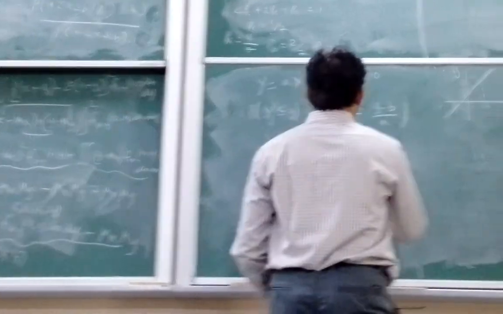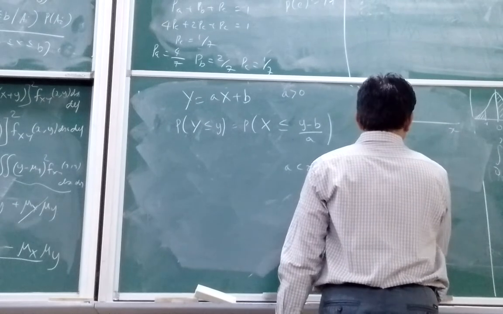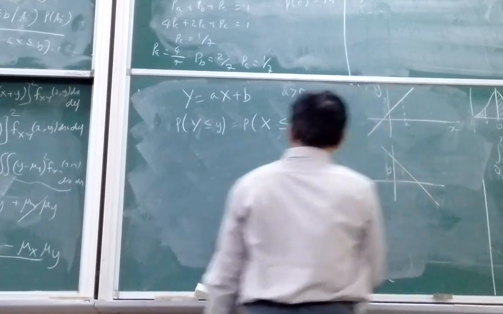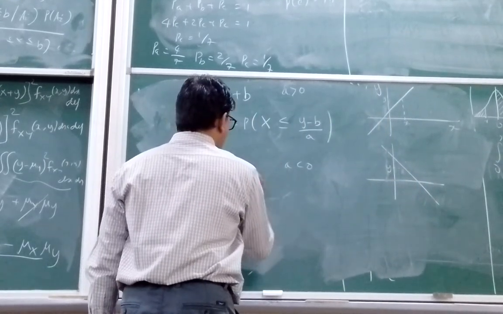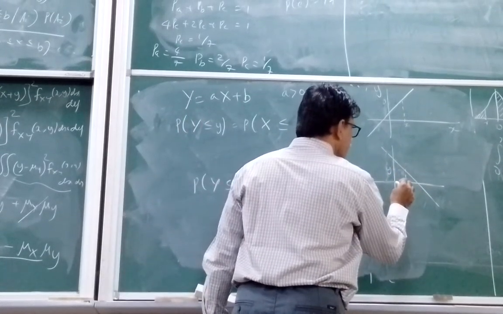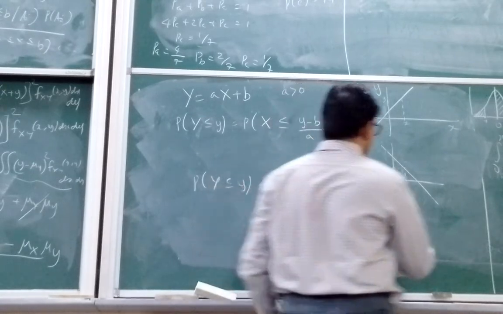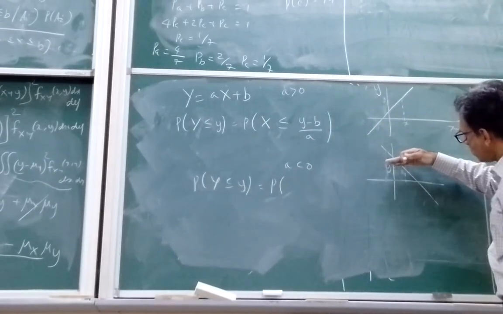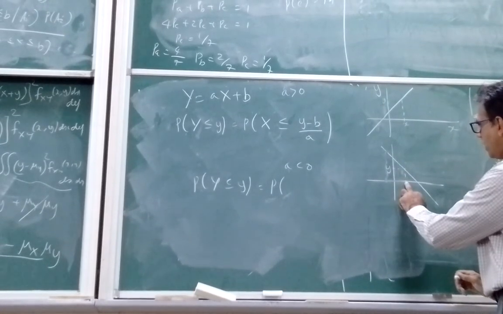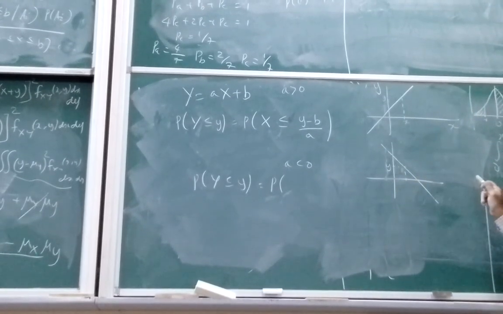Okay. If a is less than 0, then the equation will be like this one. If I take any value of y here, the probability that y is less than or equal to y will correspond to the probability that x is greater than that value. Y should take a value less than this one, and that will happen only when x takes a value greater than this.